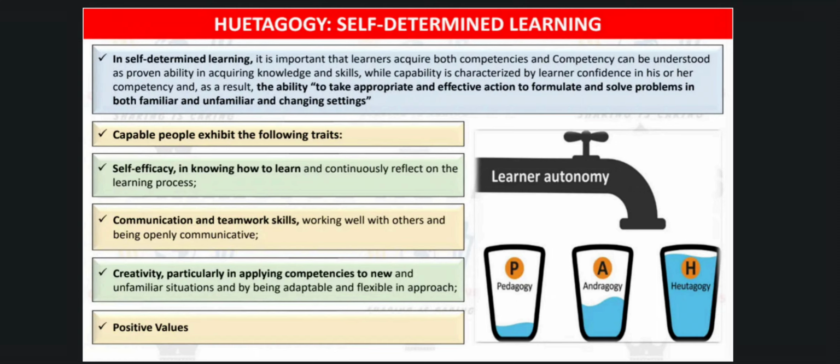Capable people exhibit the following traits: self-efficacy in knowing how to learn and continuously reflecting on the learning process; communication and teamwork skills, working well with others and being openly communicative; creativity, particularly in applying competencies to new and unfamiliar situations and by being adaptable and flexible in approach; and also positive values.